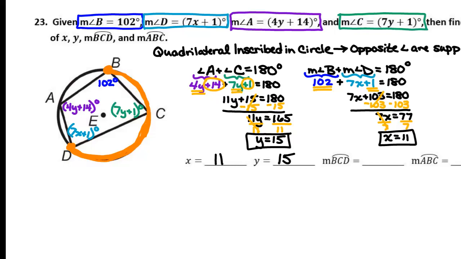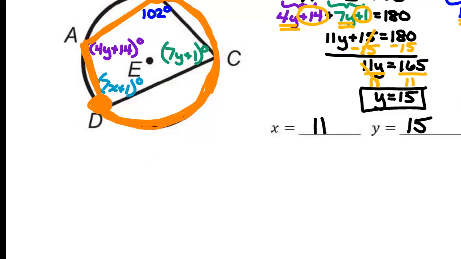No. C is part of the arc. What angle is intercepting the arc? A. This right here, because AB, B is one of the end points of my arc, and it's the end point of that segment. And then AD, D is an end point of my arc, and it's an end point of this segment. So angle A intercepts arc BCD.